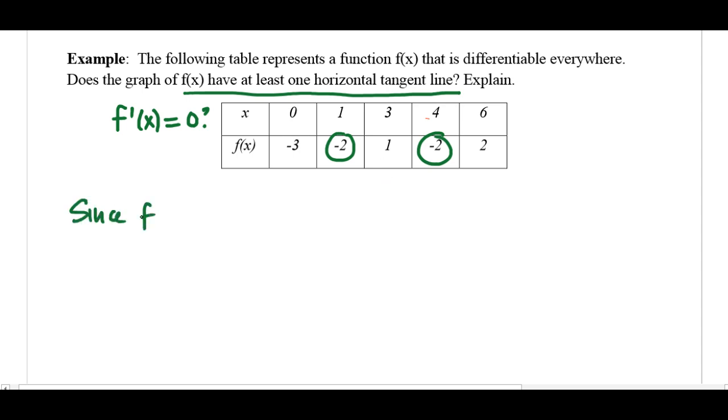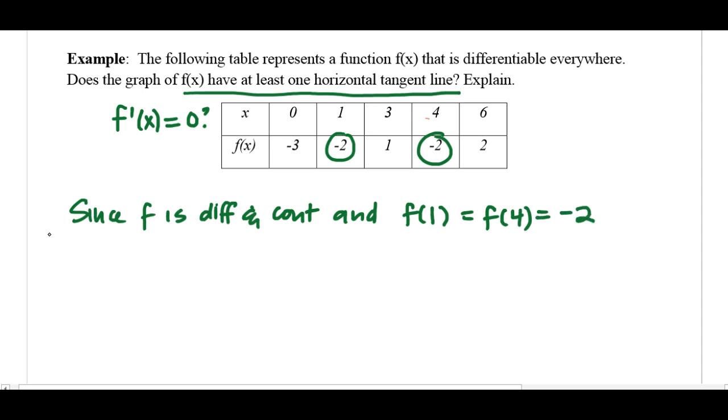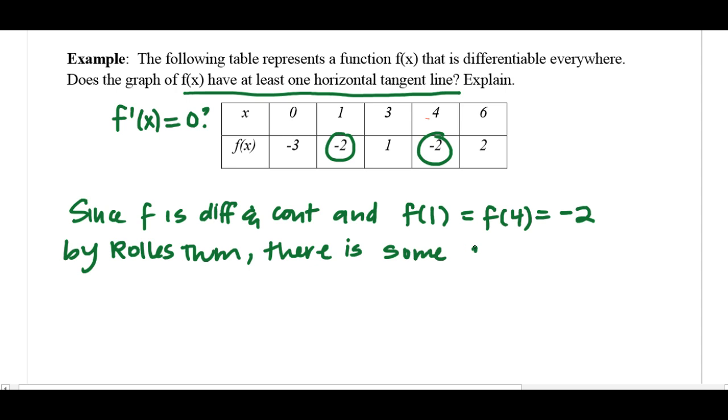So since f is differentiable and continuous, and since f of 1 equals f of 4, so they are the same value, they are both -2, by Rolle's theorem, I'm going to abbreviate theorem as THM, there is some c in the interval from 1 to 4. So there's some c value, remember c comes from the x-axis, so there's some c between 1 and 4 such that f prime of c equals 0.